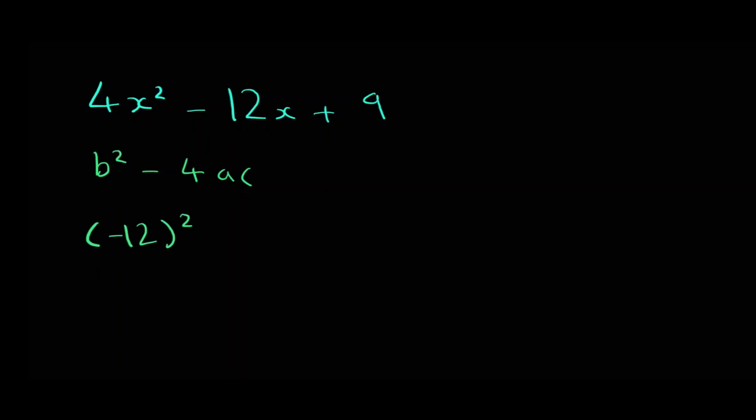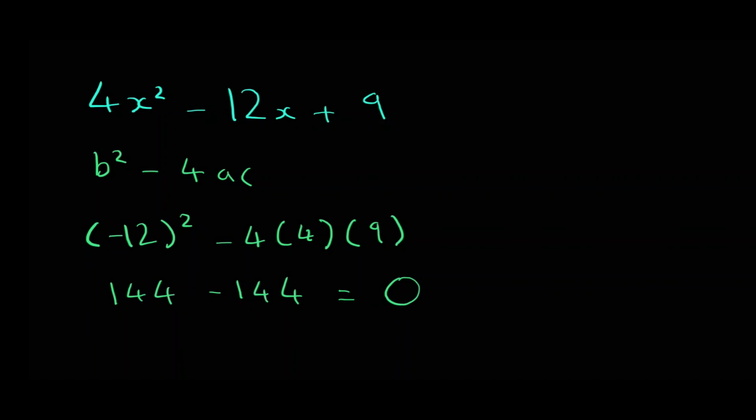So in this case, that's going to be negative 12 squared minus 4 times 4 times 9. And that gives 144 minus 144, which equals 0. And remember, if you have a discriminant of 0, that means that your quadratic has 1 real solution.